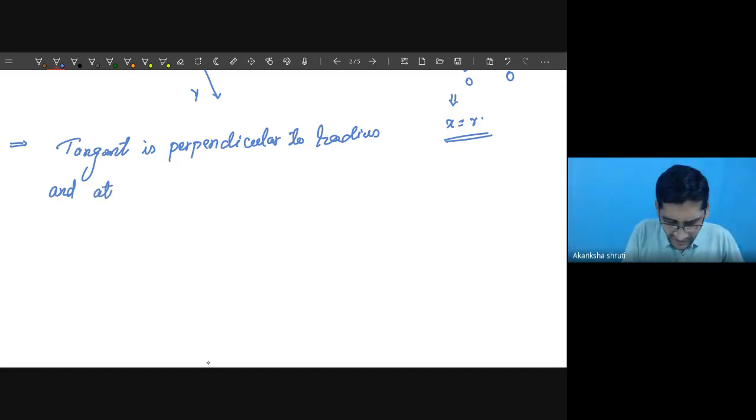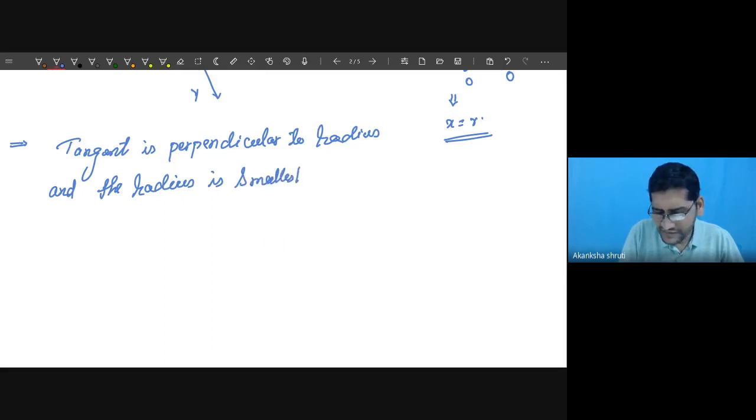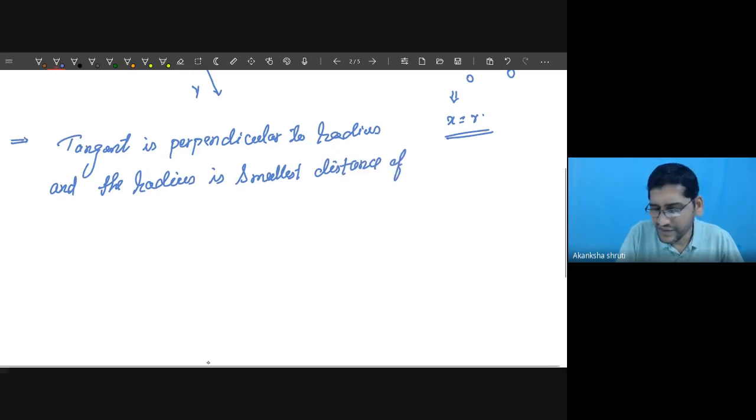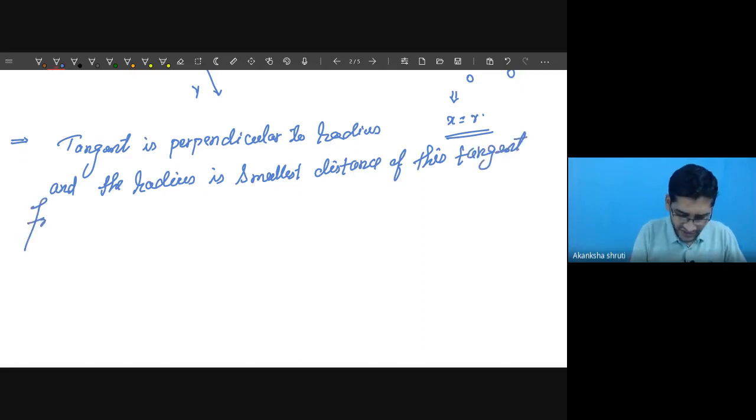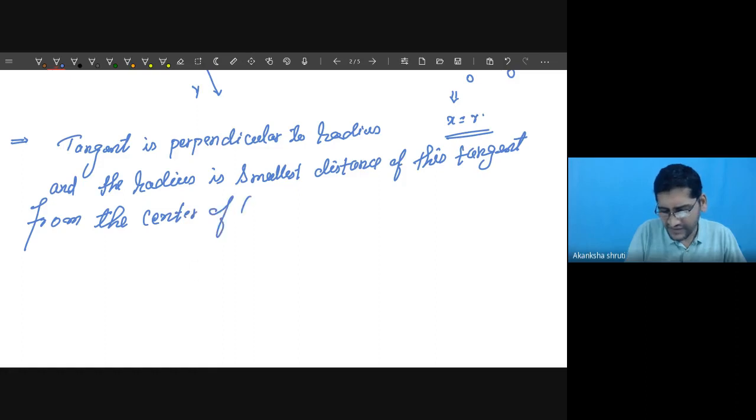And the radius is the smallest distance of this tangent from the center of the circle.